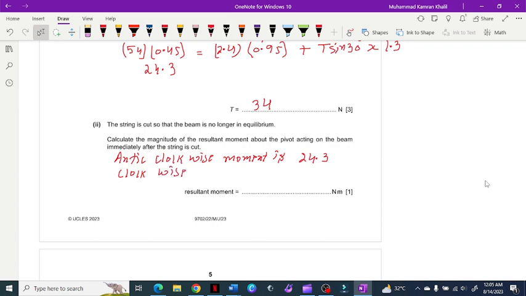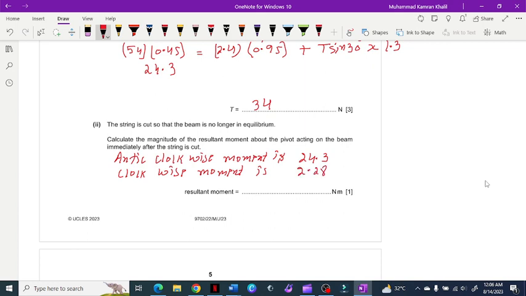So the clockwise moment is 2.4 into 0.95, so 2.28.